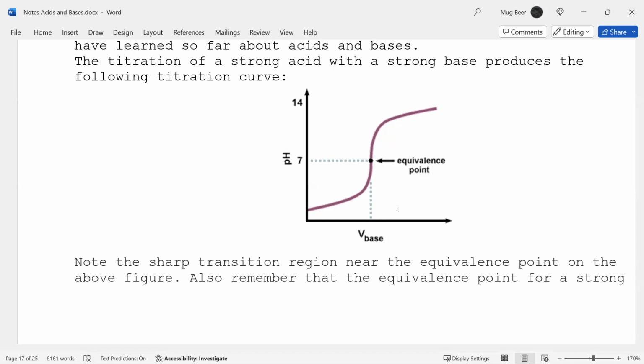Slope is increasing. Increasing slope and decreasing slope, right? Can you talk about concavity before the equivalence point? Concave up. After the equivalence point, concave down.